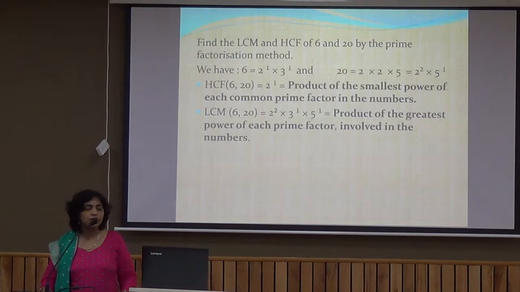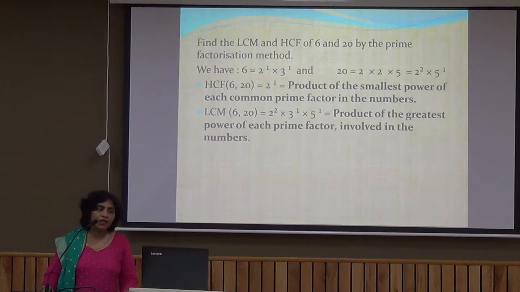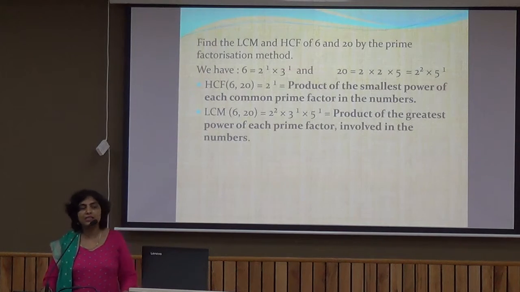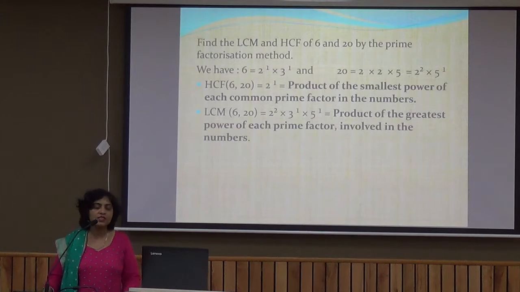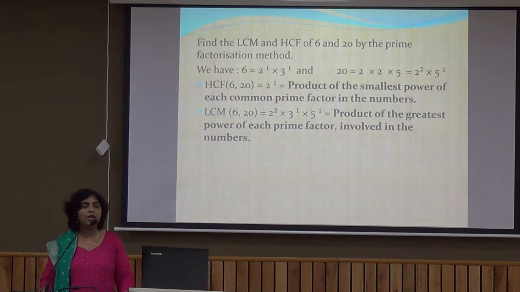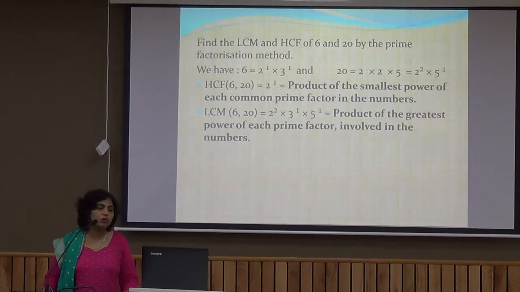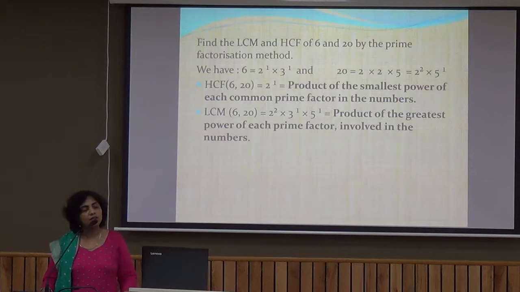Let's see an example. We take 6 and 20 and calculate the LCM and HCF by prime factorization. The prime factorization of 6 is 2 raised to power 1 into 3 raised to power 1, and 20 is 2 into 2 into 5, or we can say 2 raised to power 2 and 5 raised to power 1. For HCF, 2 is the only common factor in both 6 and 20, and the least power of 2 is 1.